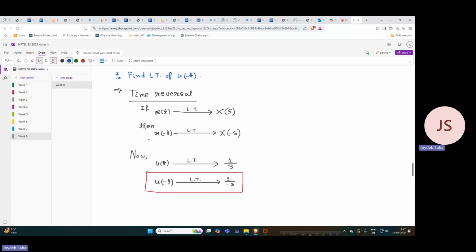So hope you are getting the points. If there is any query, please ask. If no query, then we'll proceed further.